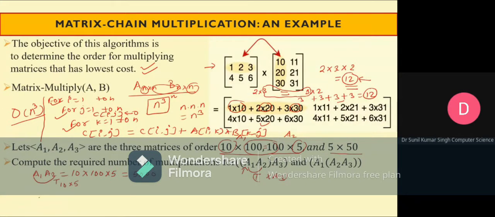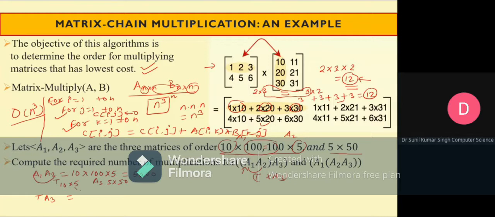Now let's multiply T with A3 and find the number of multiplications required for TA3. T is 10 cross 5, and A3 is 5 cross 50.